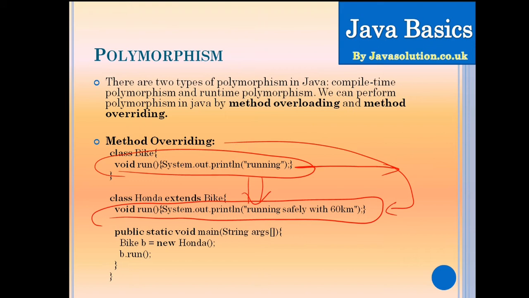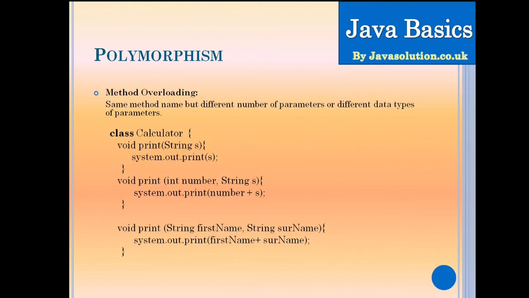Then in the main class, when I create the object of this class and say b.run, at this point this method will be invoked, and not this method, because this has been overridden. If its object is of the Honda class, then it will call the method which is defined inside that class. I hope this is clear for you.